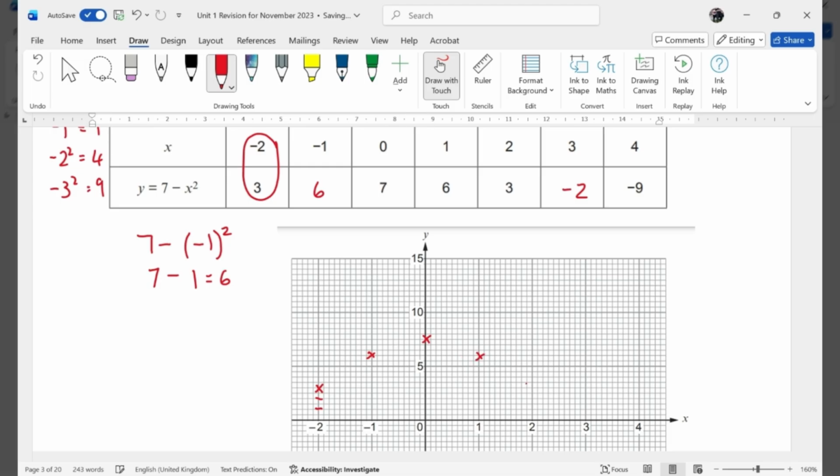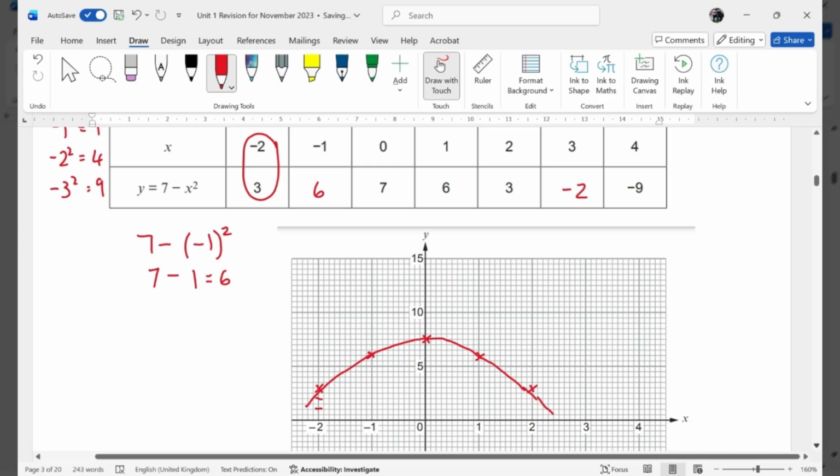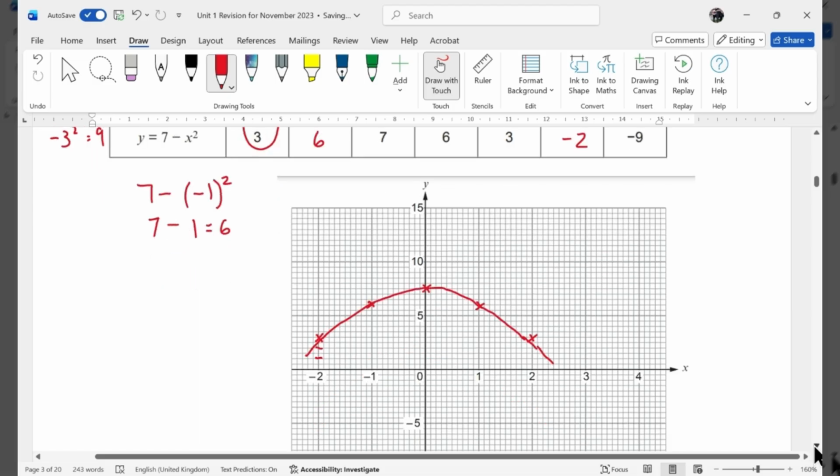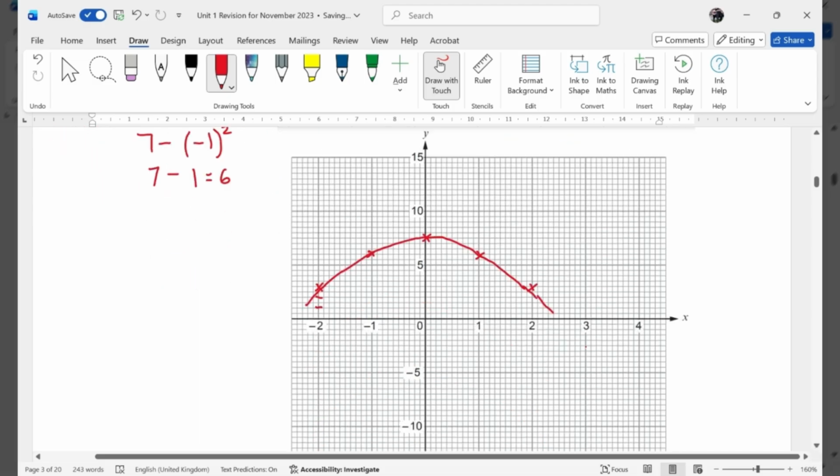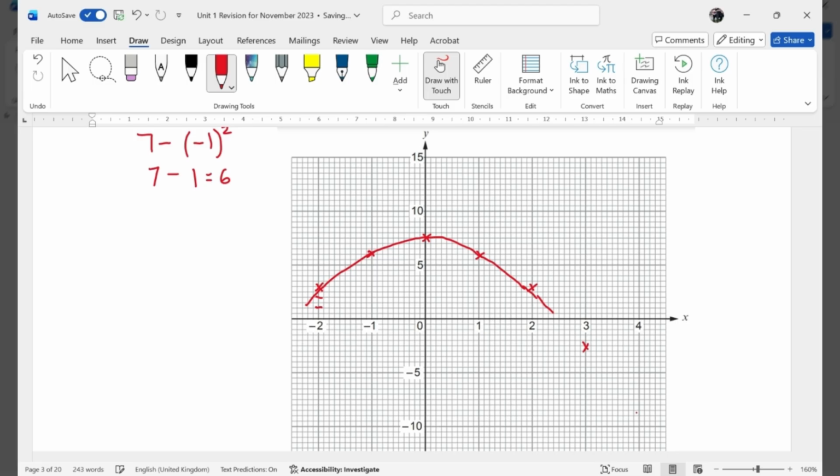Back to 6. Back to 3. And then down to -2 and down to -9, right? So I can't actually see it on this bit. So then that's me trying to draw on this thing, and try and go through all the points, and then it'll go down to -2 and -9, and you can do that, okay? In fact, I probably should do it, shouldn't I? So down to -2, and then down to -9, not my finest effort.